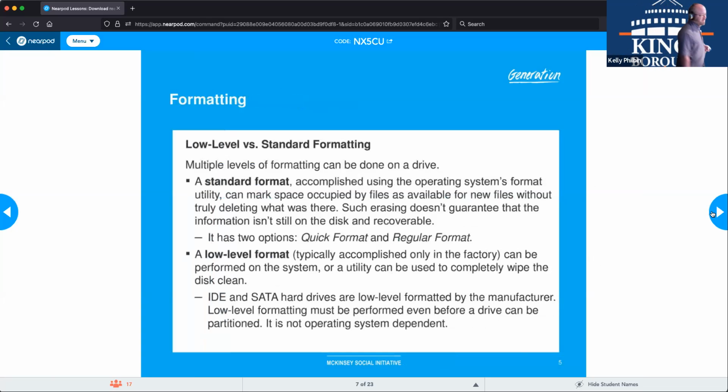So formatting. We have the other two types we talked about, which were the quick and the standard. Those both fall under standard formatting. This basically erases the file allocation table so that the system knows how to put stuff together. But it doesn't guarantee the stuff is gone. The stuff on it is usually not too hard to recover.